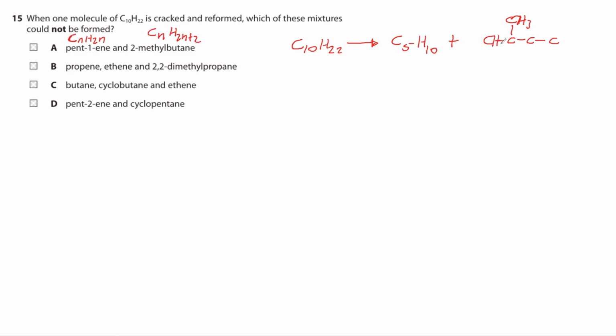You can write CH3, CH, CH2, CH3. If it is C5, 5 times 2 is 10, 10 plus 2 is 12: C5H12. Now you can see 5 carbon, altogether 10 carbon. Done. 10 hydrogen plus 12 hydrogen, 22.